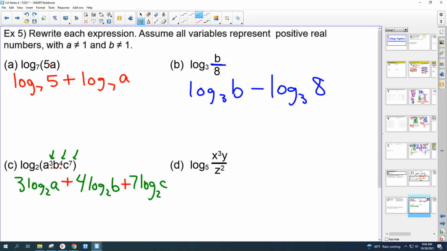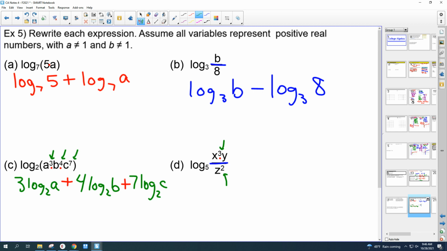So then the next one, I see a couple of things. I see a product, and I see a quotient, and I see some powers, right? Some powers. So take those powers and take those exponents and move them around to the front. Times, change to plus, division, changes to minus.